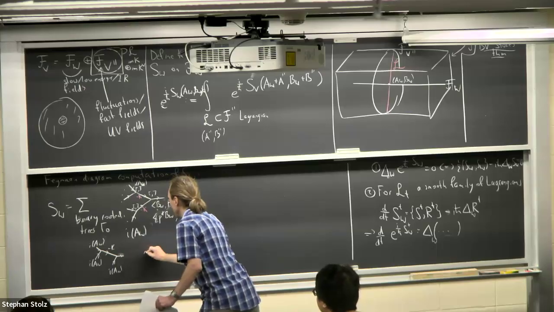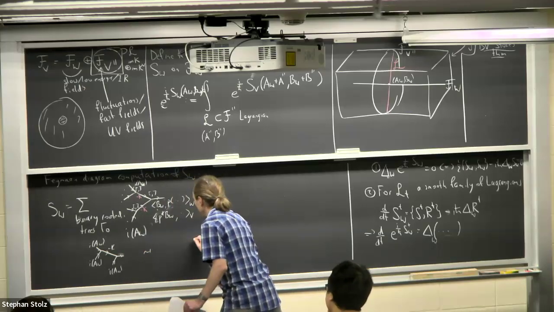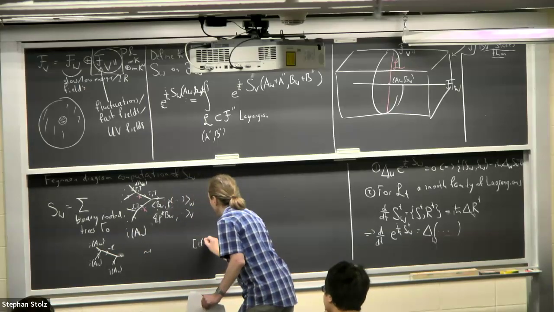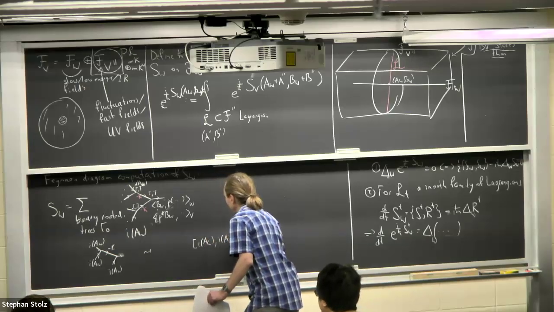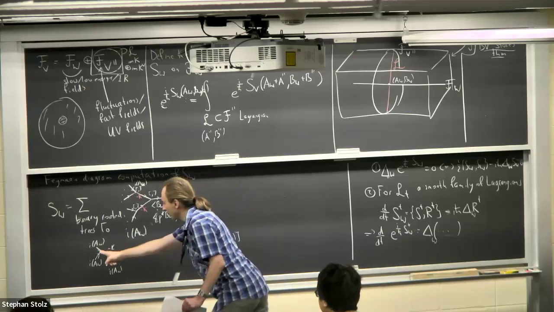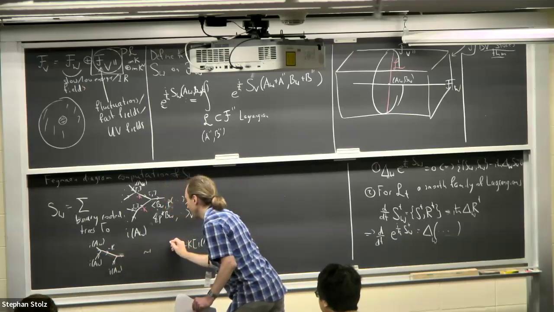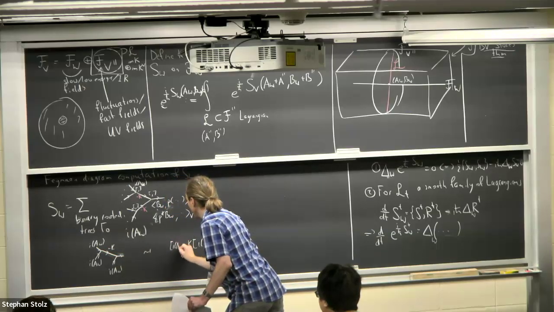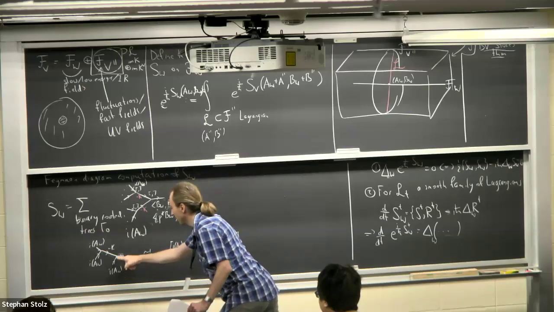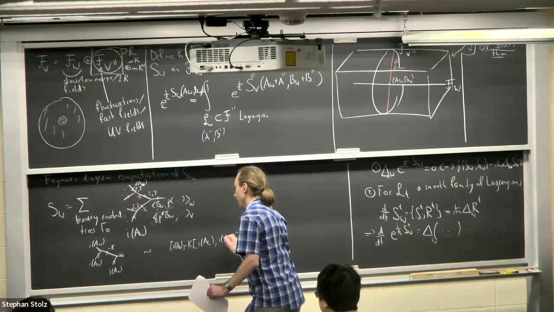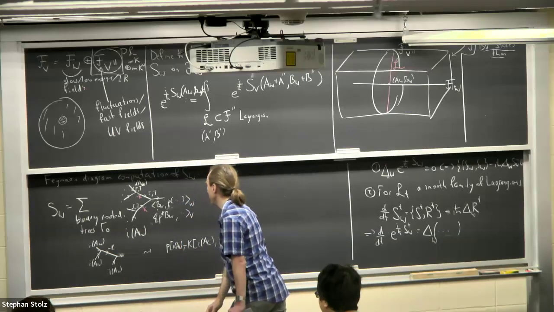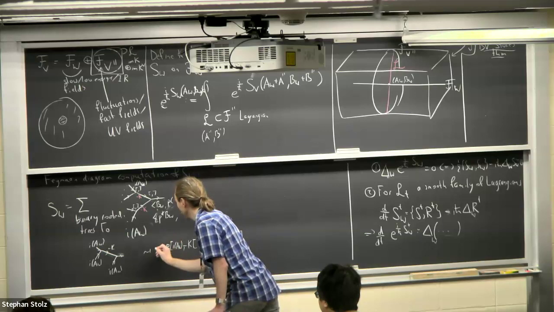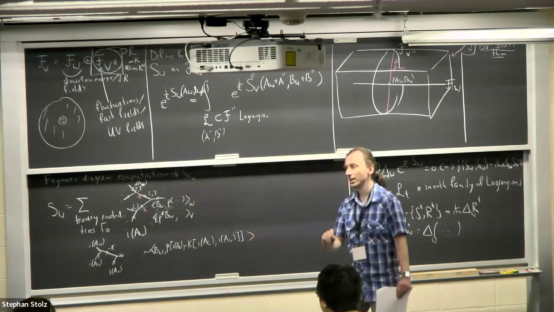So I take the bracket of I of AW with I of AW. I should apply negative K because then I'm going along this edge. Then I take the bracket with another I of AW coming from here. And then I project back to the small complex and pair it with BW. So that's what it is.